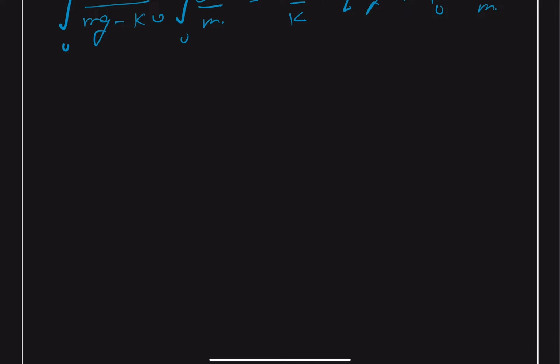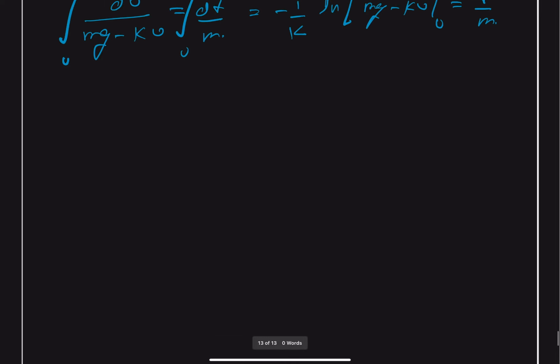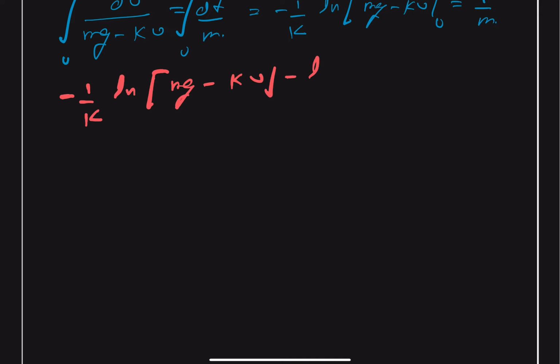We substitute the limits, and this comes as minus 1 upon k, natural log of mg minus kv minus natural log of mg is equal to t upon m.